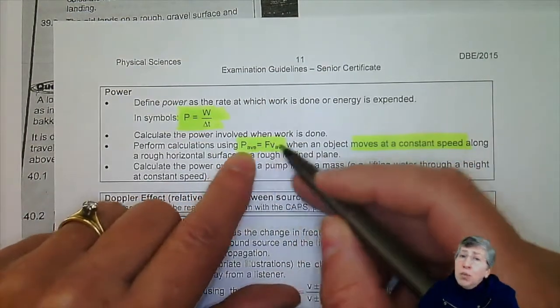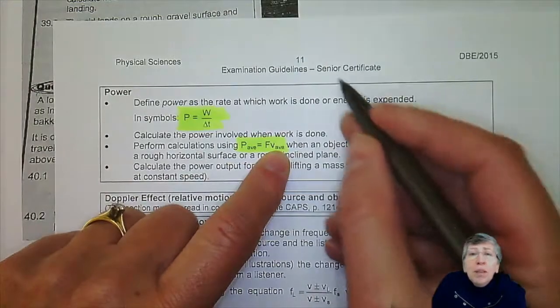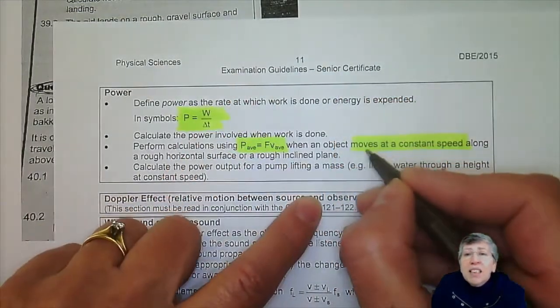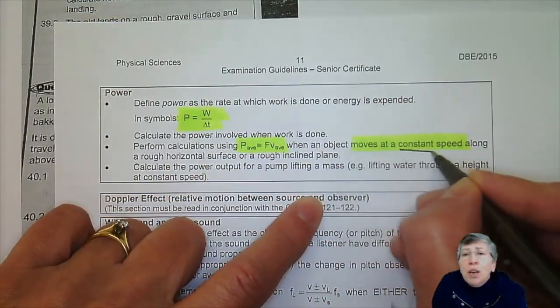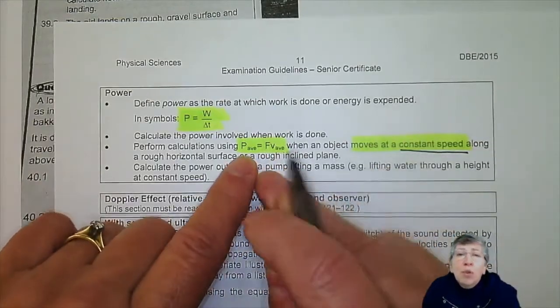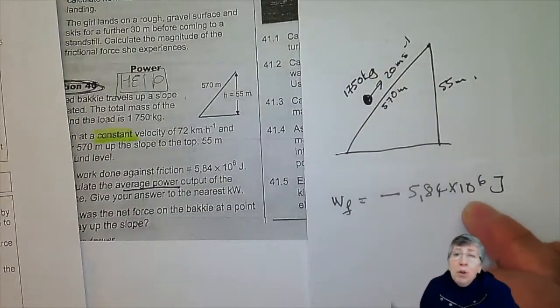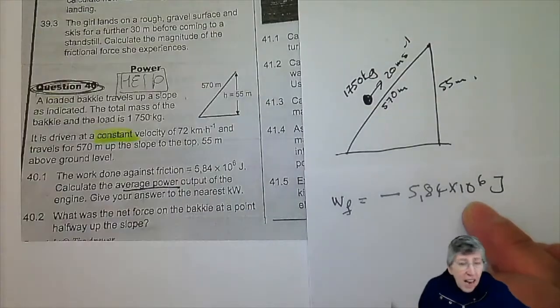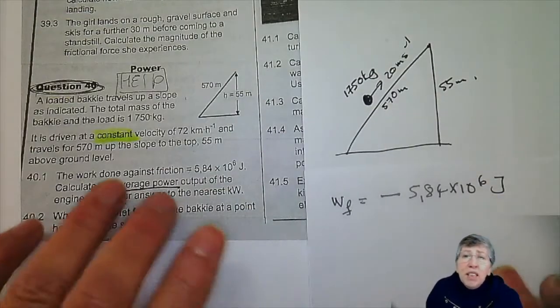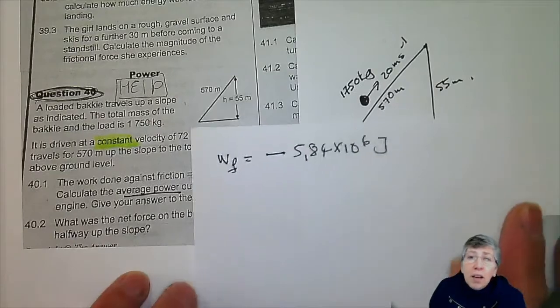Now, this one works for all situations, but the department tell you in the exam guidelines, they want to use this one only for constant speed. So keep this one for constant speed, right? But at this very moment, we are moving at constant speed. So there's two possibilities. We can work with either one, right?